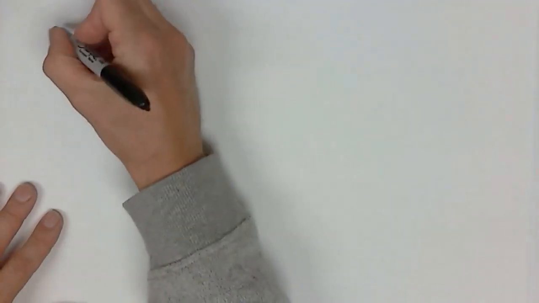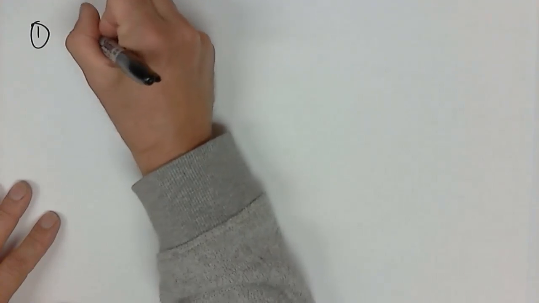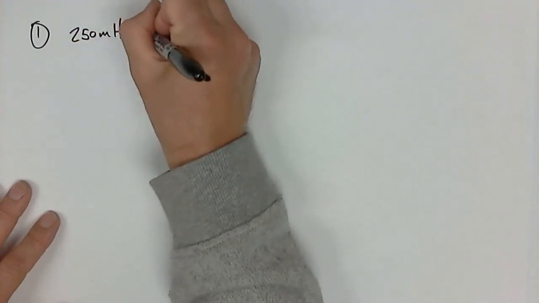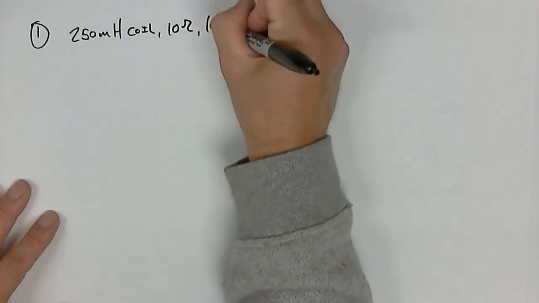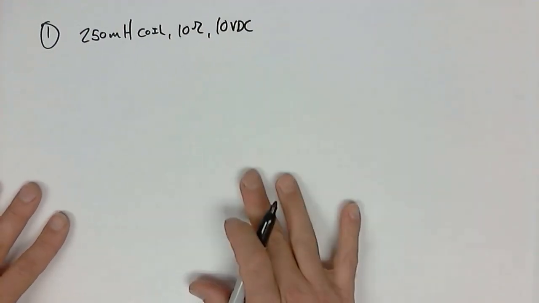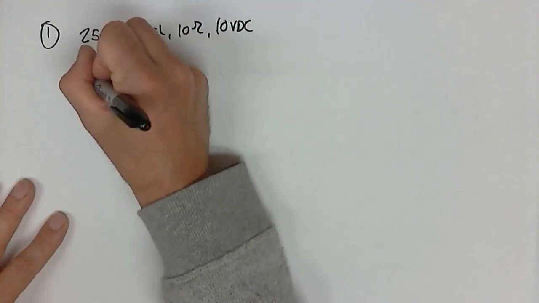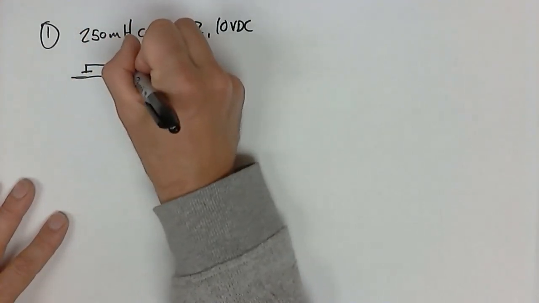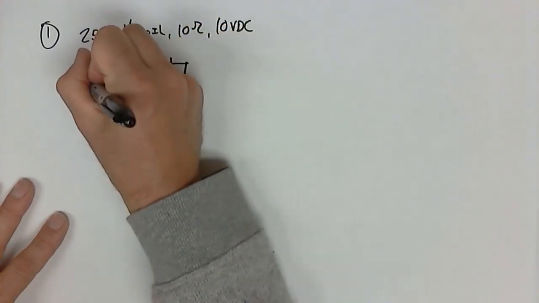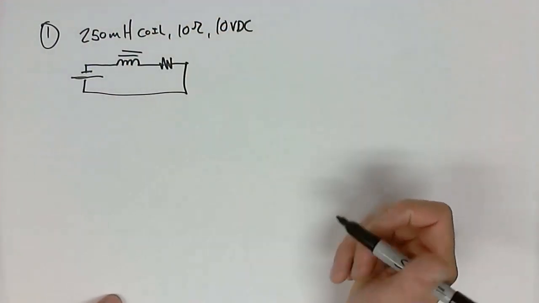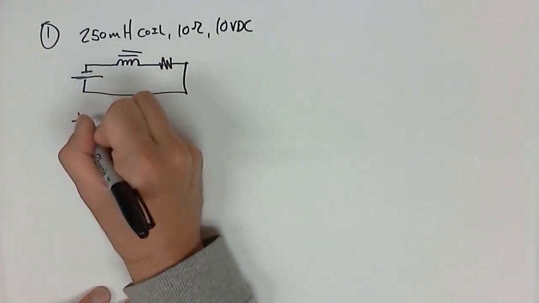First example we have a 250 millihenry coil and a 10 ohm resistor connected to a 10 volt DC source. That means that we have a source that looks like this, a coil, and a resistor. Now what we want to calculate is the time for one time constant.